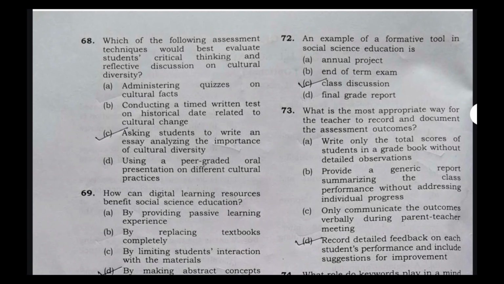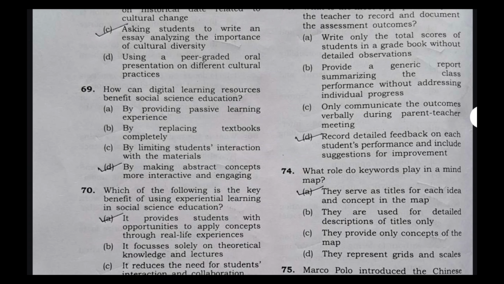The next is 68. Which of the following assessment? So the answer is option C, asking students to write an essay analyzing the importance of cultural diversity. 69. How can digital learning resources benefit social science education?